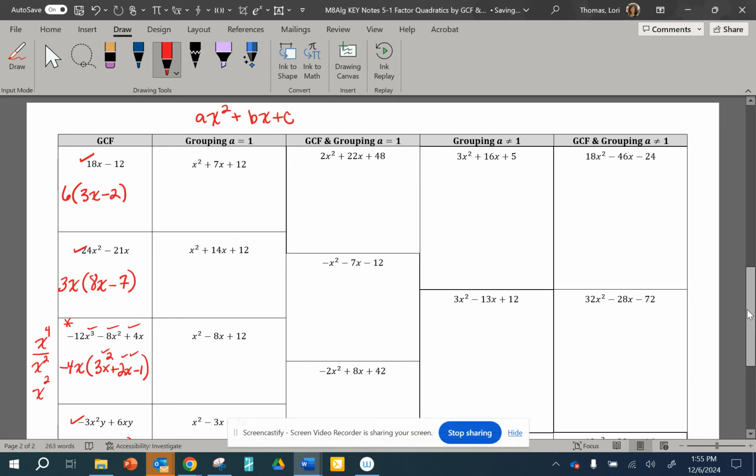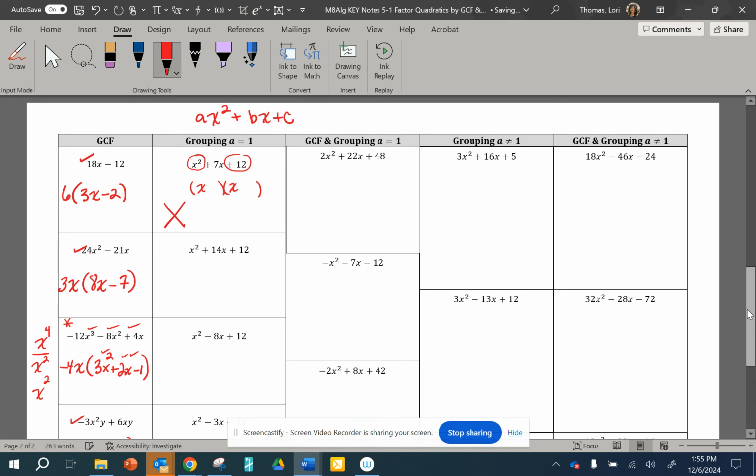So what we're trying to do is find the two binomials. We're going to find two linear binomials that gave us this quadratic trinomial. So to factor, we're going to factor the x squared into x and x. And then we're going to factor the positive 12 into two factors that still add up to 7.